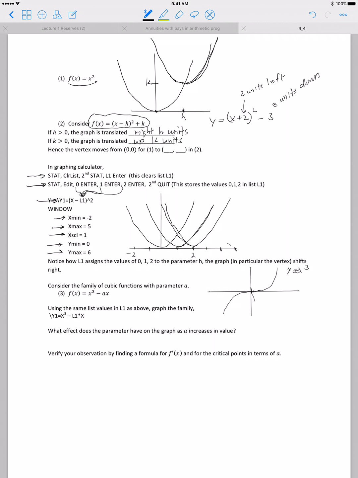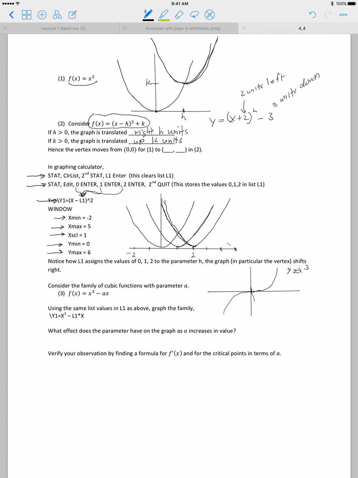And so you see your family of functions on your graphing calculator screen. And you could graph more functions in that family just by putting more values in your list to substitute in for that horizontal translation parameter. So this is what your book means by a family of functions.